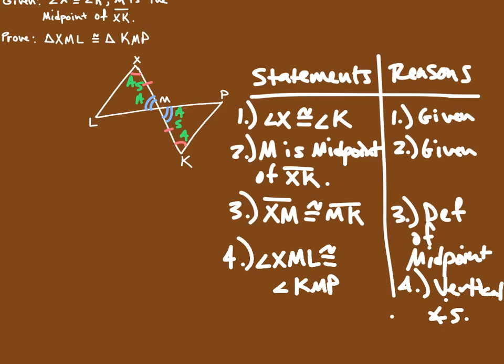And so my last statement that I can make in statement 5 is the fact that these triangles are now congruent because I have angles that are congruent to each other, that's given to us, an included side, and then these other angles. All right, so what we can say now is that triangle XML is congruent to triangle KMP.